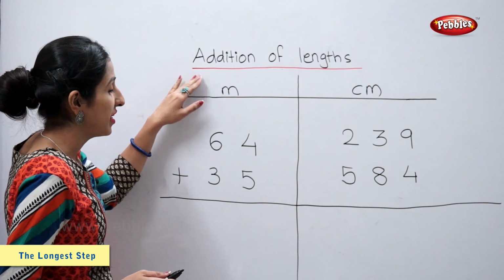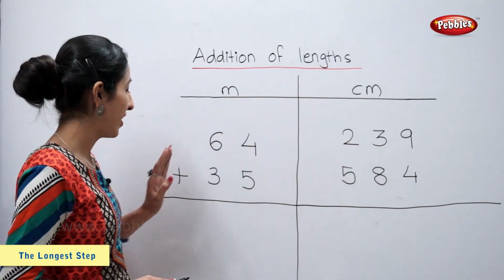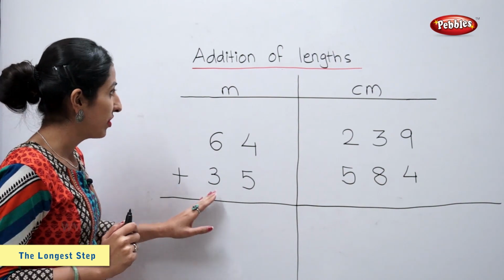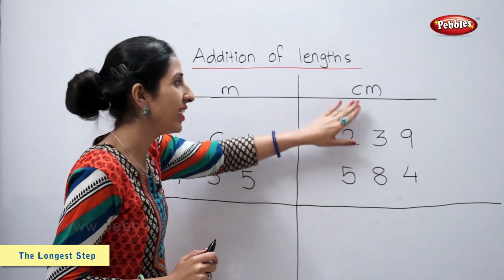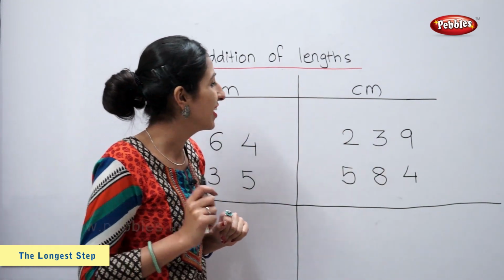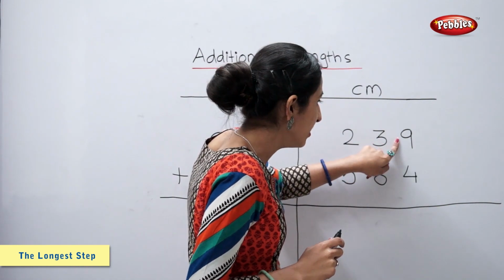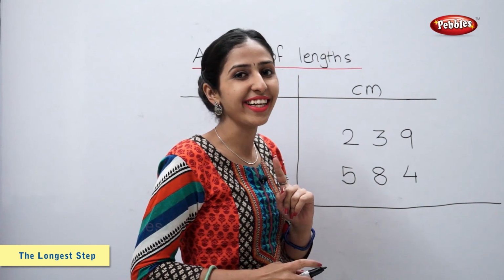Let's solve this example. 64 meters 239 centimeters plus 35 meters 584 centimeters. Let's find out. 9 plus 4 is 13.